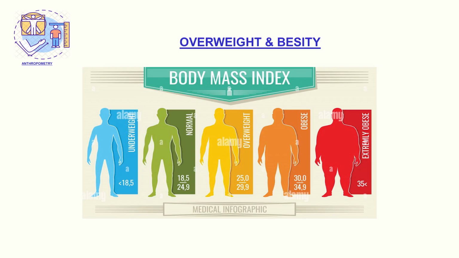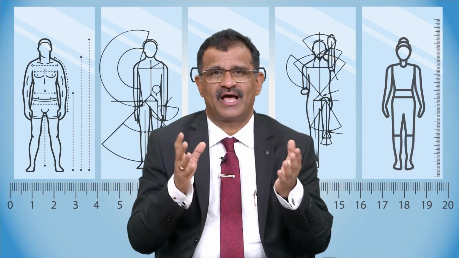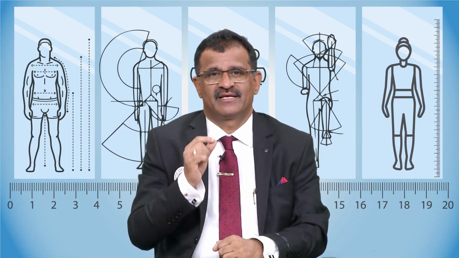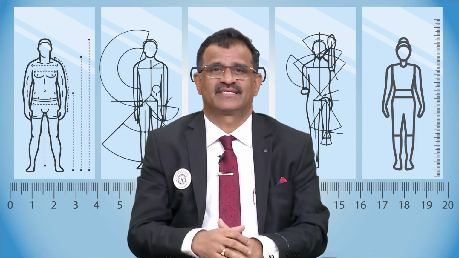Body mass index is measured by weight in kilograms divided by height in meters squared. All people's body mass index is assessed in order to understand whether the person is normal or abnormal as far as his weight and height is concerned.